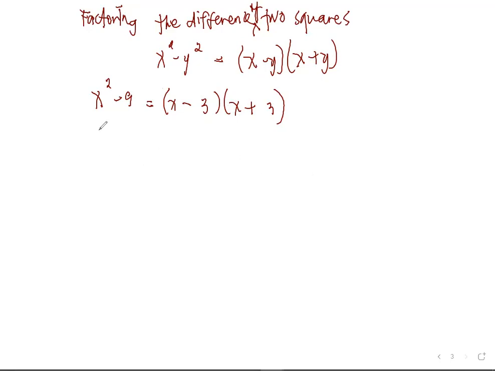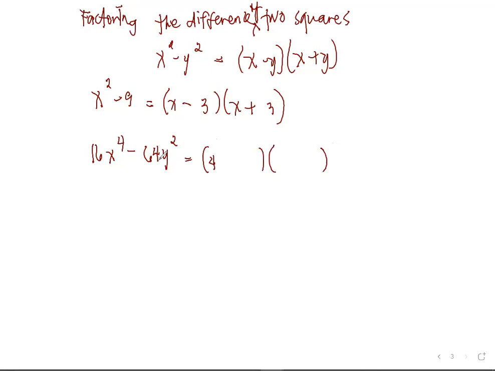Another example, we have 16x raised to 4 minus 64y squared. Ganun lang din ang gagawin natin. You need to square root every term. The square root of 16 is 4. In getting the square root of an exponent, you are just simply dividing the exponent by 2. When we say square root naman po, 2 siya, di ba?